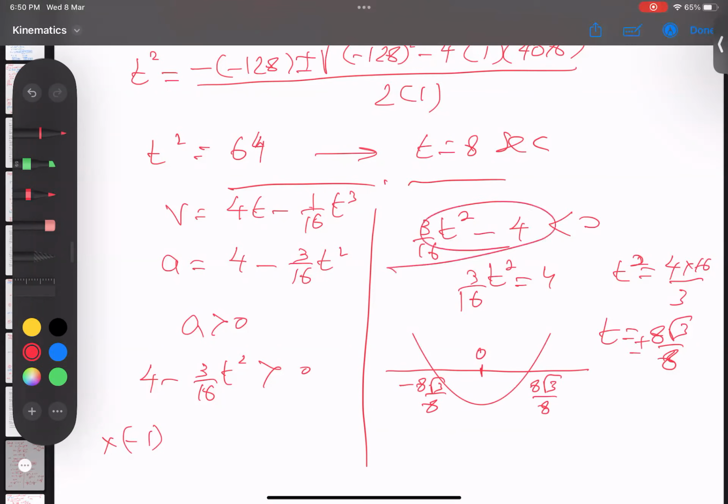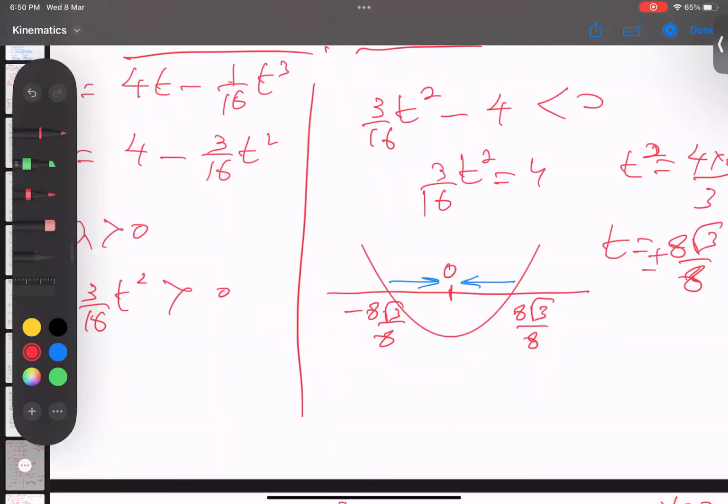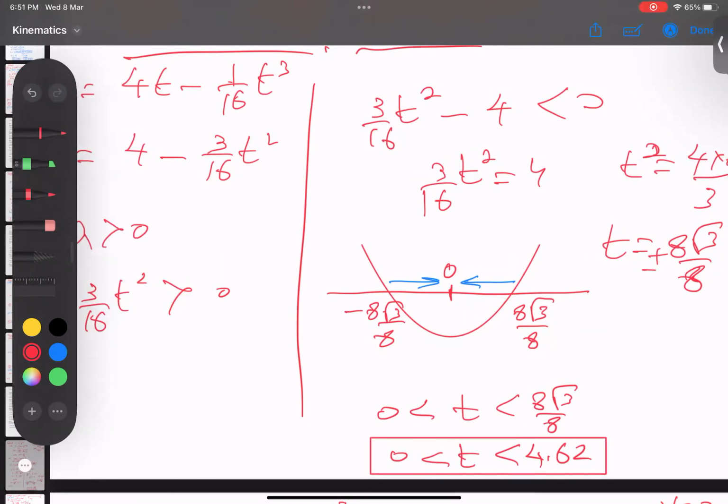As he's saying less than, the time answer is coming less than 8 root 3 by 3 and bigger than 0. Or you can write it this way also, 4.62. So this is an answer. I believe the point is very, very clear.